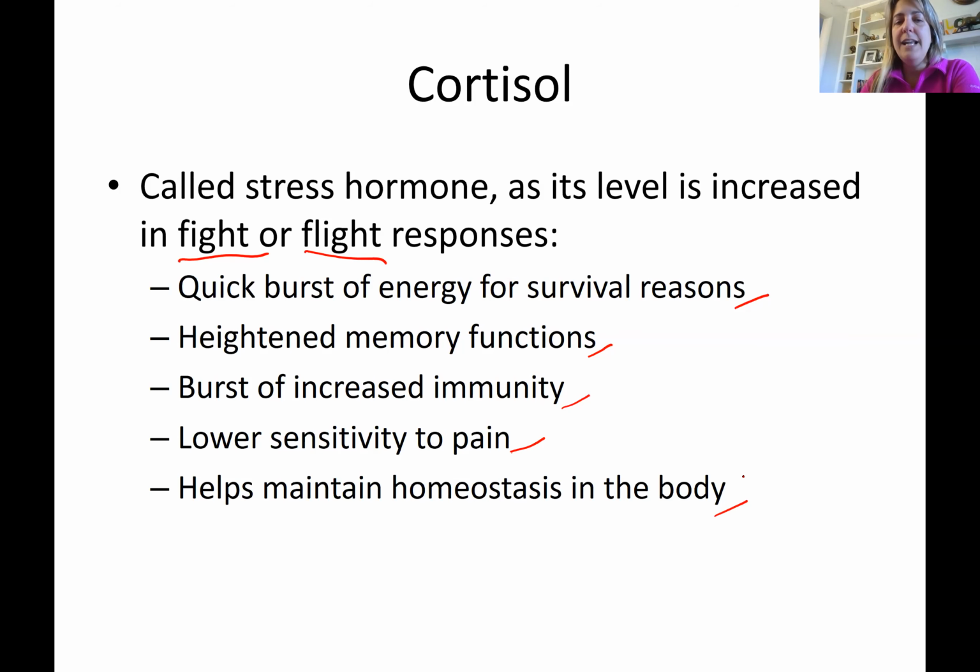And obviously it helps maintain the homeostasis in the body, so you can get through the situation to continue on with life, okay?